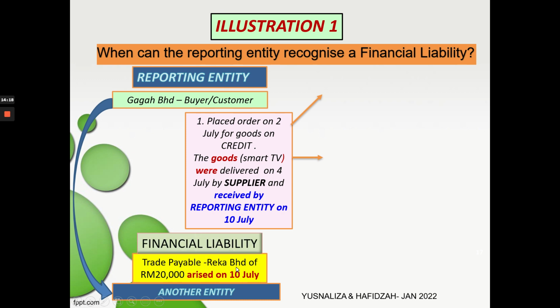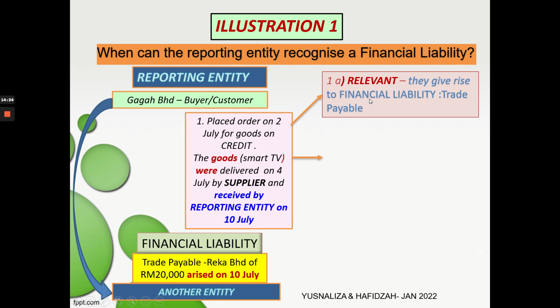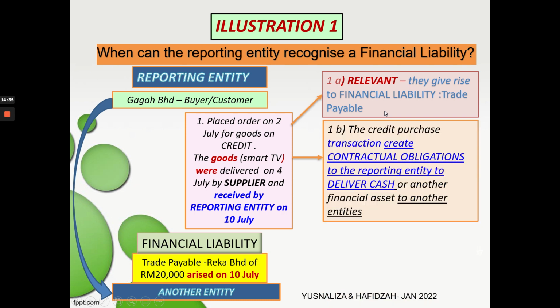Trade payable here is Derecognition Bhd. The amount was 20,000, which arose on 10th of July. So therefore, we will recognize a financial liability if it's relevant. This transaction on 10th of July gives rise to the financial liability, trade payable.